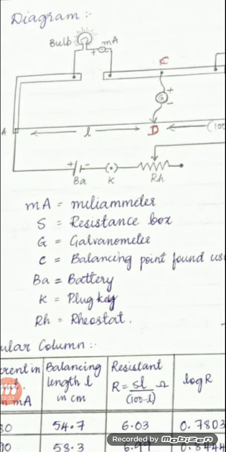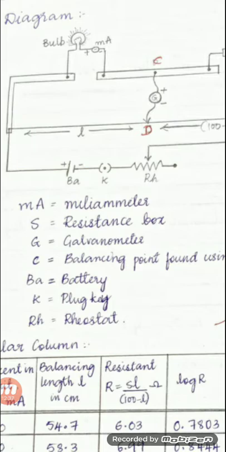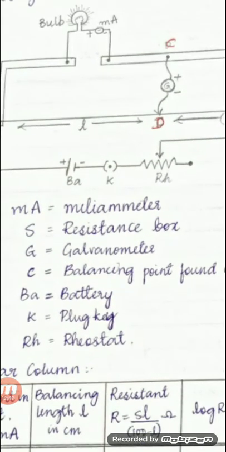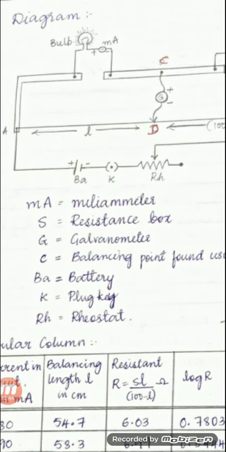move the sliding contact, that is the galvanometer sliding contact, as you can see at point C and point D. One end remains fixed and the other end slides over the meter bridge.